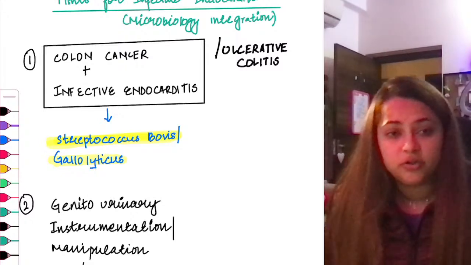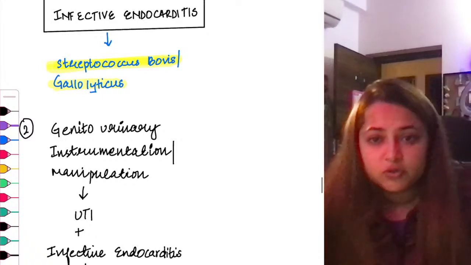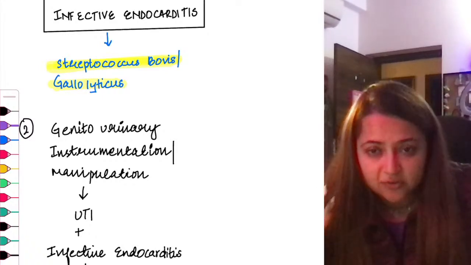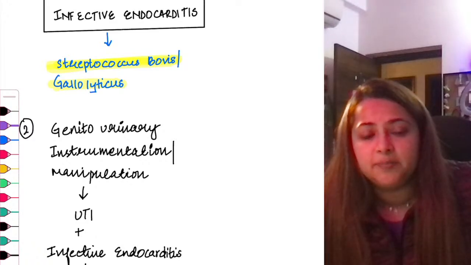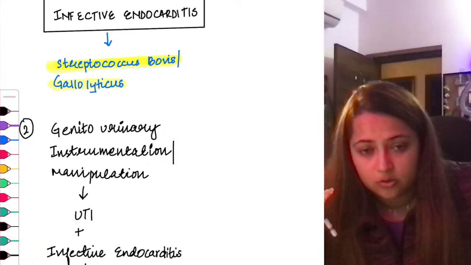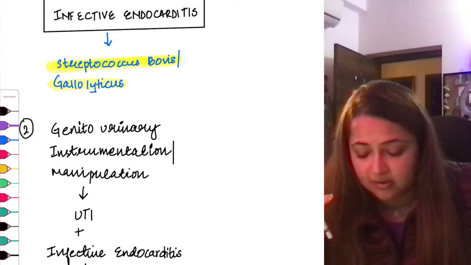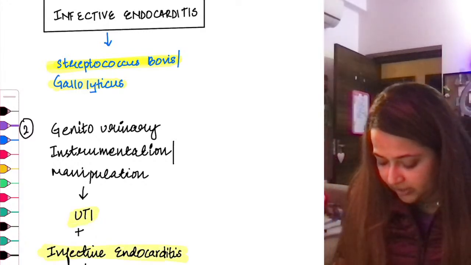Moving on to the next hint. Supposing the question mentions genitourinary instrumentation or manipulation, or they mention the patient having UTI plus infective endocarditis. So for the combination of UTI plus infective endocarditis, which organism could be leading to this?